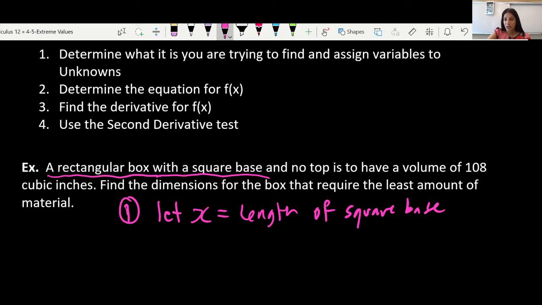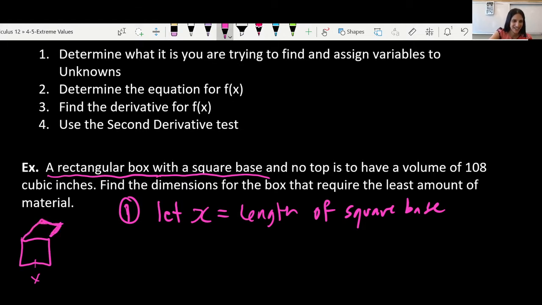The box has no top and it has a volume of 108 cubic inches. Okay, I'm not the best artist, but I think I can handle drawing a box. But there we go. Let's make that x, and oh no, I actually didn't do it right. Let's do this.